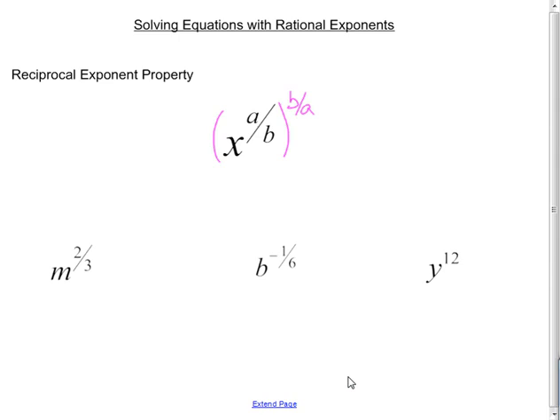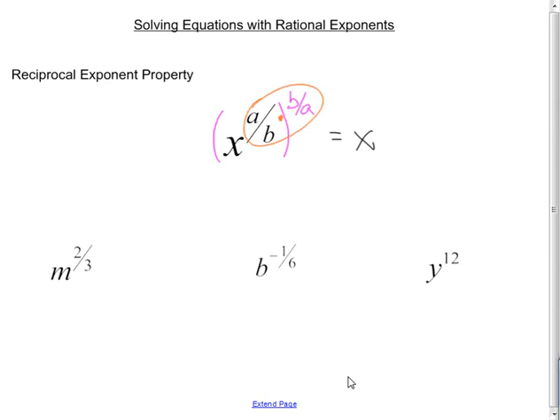If you notice, this would bring into play the power-to-power property. The power-to-power property says you're supposed to take exponents and multiply them. The product of any two reciprocals is just 1, so I would be getting x to the first and not need to write the 1. Something really interesting happens: if we have a base raised to an exponent and then raise that to its reciprocal, it cancels that exponent.